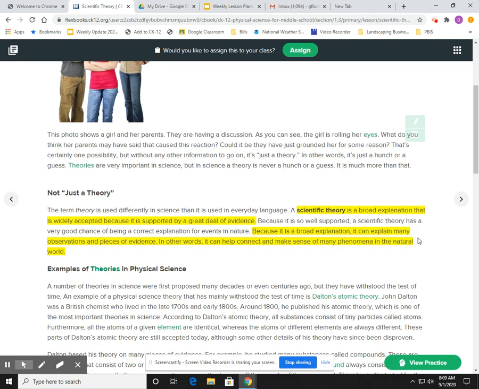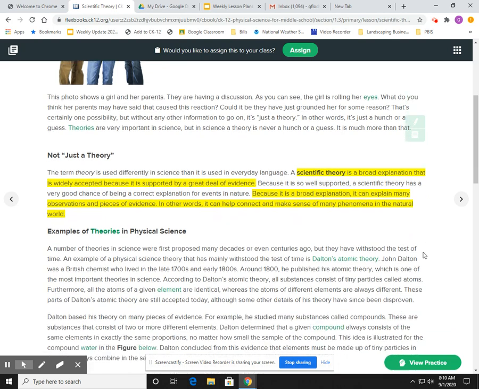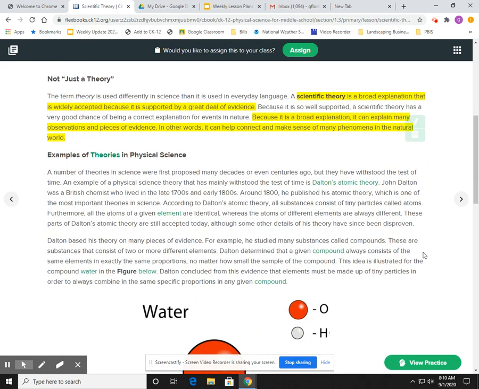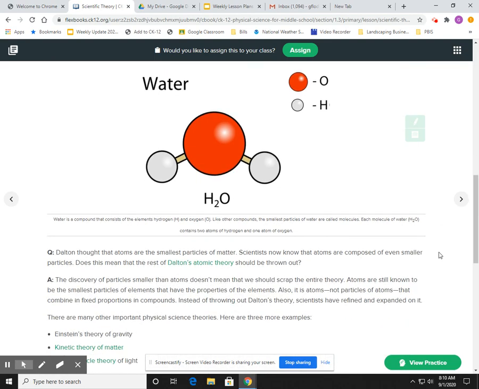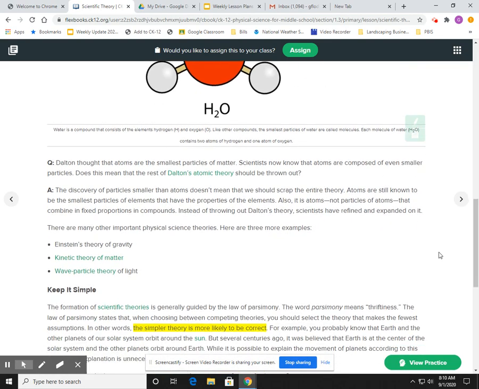So it can explain many observations to try to connect different phenomena that happen in the world. And they go through here, and you can read this about Dalton's atomic theory in terms of atoms and the different elements that compose everything living and non-living. And then they go through this, and I'll let you read this on your own.